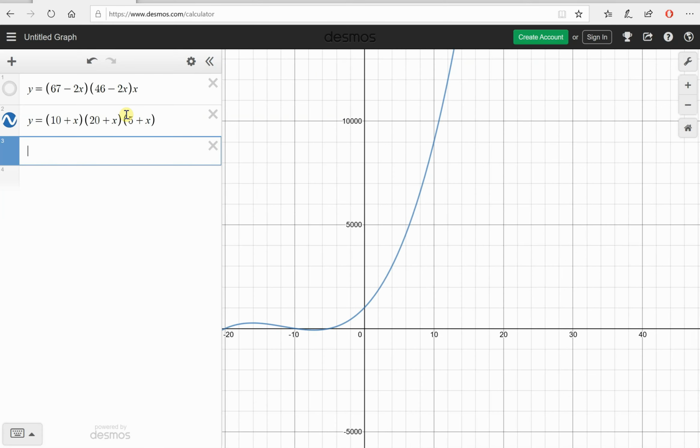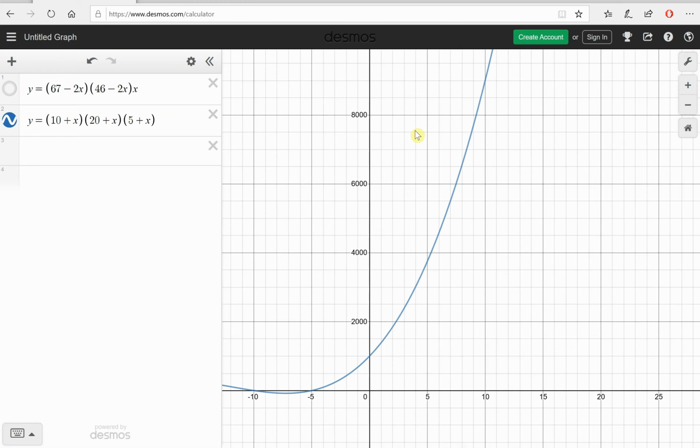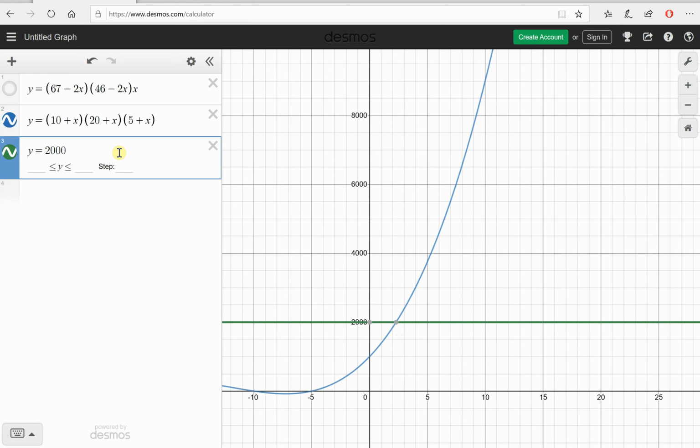Good. Now, what we want is to find out where this graph intersects with 2000. So basically, we're looking at this point right here. Now, we can't really just click and get exactly 2000. It's going to be very difficult. So what we can do is type in another function, y equal to 2000. That will create a horizontal line.